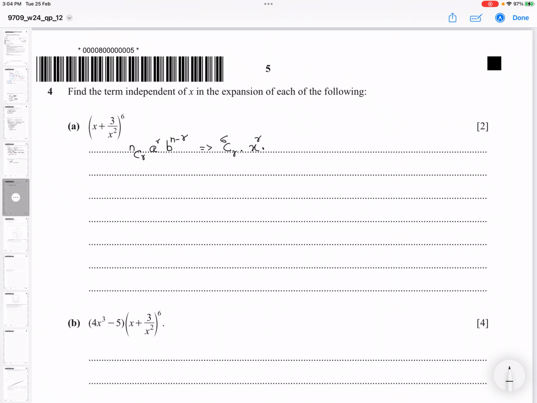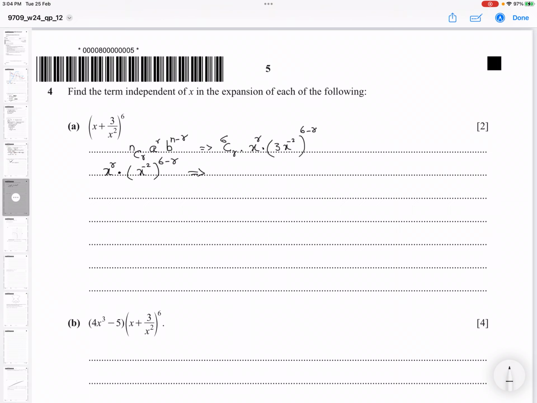So I can write 3x power negative 2, and my n minus r is 6 minus r. Now collect the x terms only from this. So I can write x power r times x power negative 2 whole power 6 minus r.